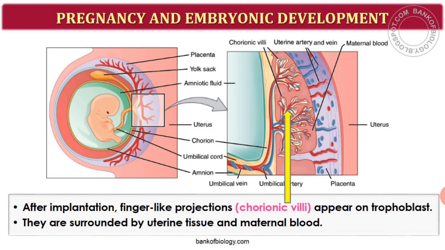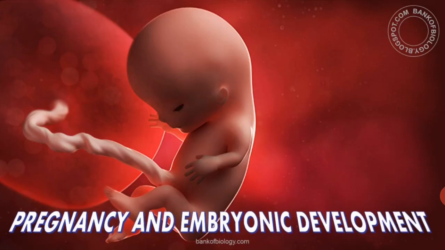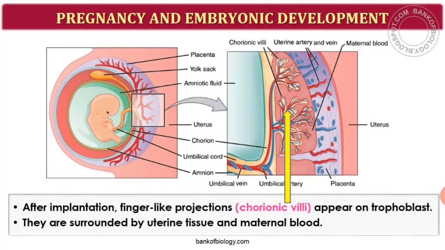They have shown you the uterus wall, and the blastocyst deeply gets buried in it and develops finger-like projections called chorionic villi.